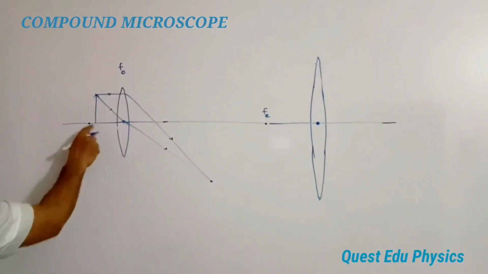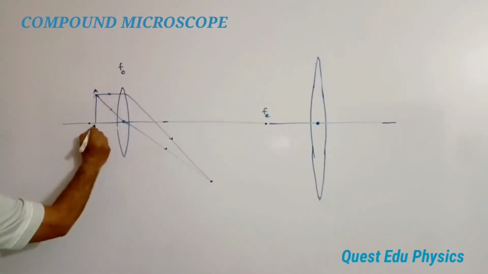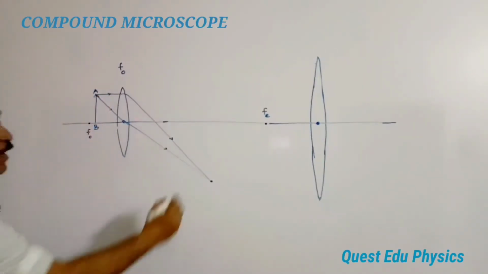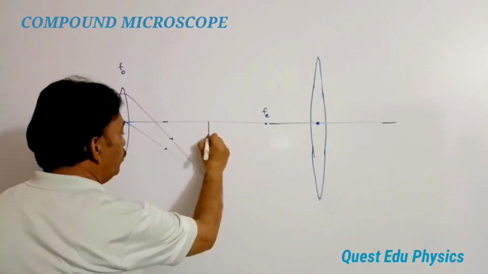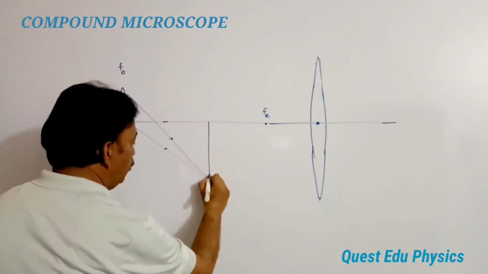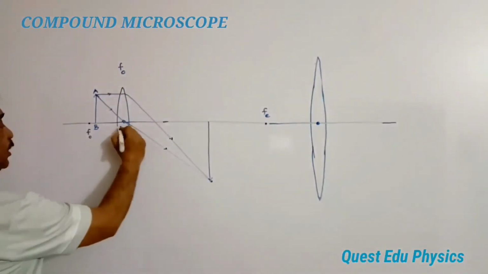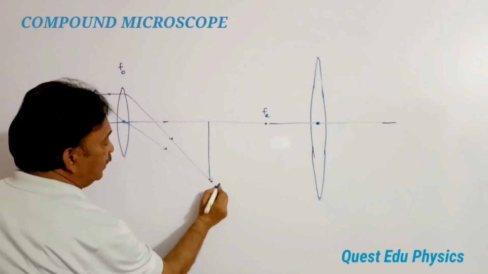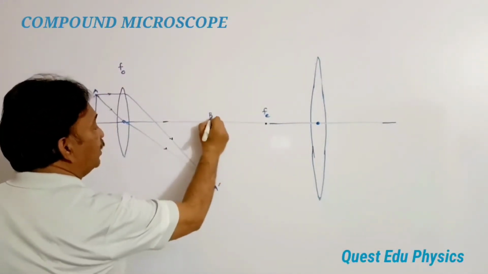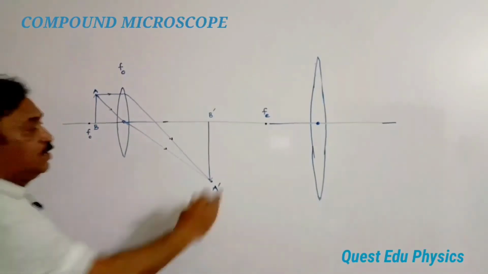Here is the object, call it A and B, and we will get an image here. You know that the image is formed beyond the focus of the objective. Call it A dash, B dash.